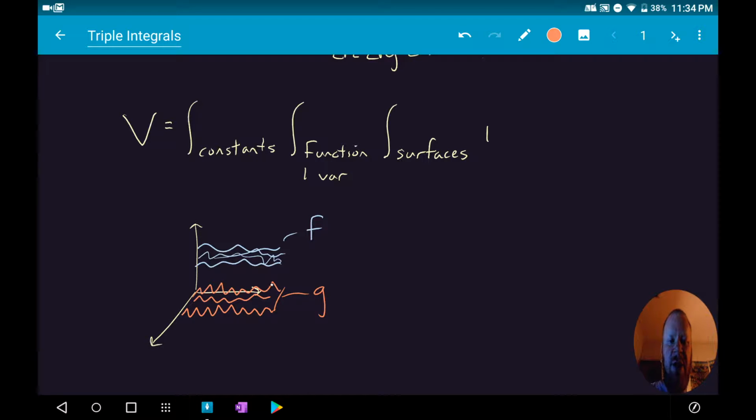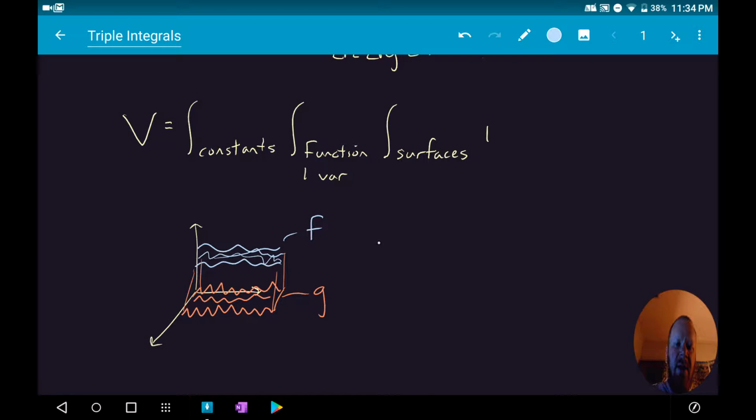We'll call that one G. If I'm interested in finding the volume in between these two surfaces, the way that I'm going to want to set this up is as follows.